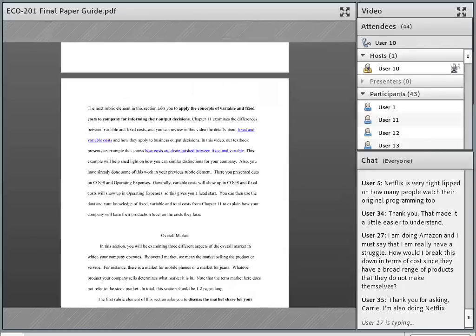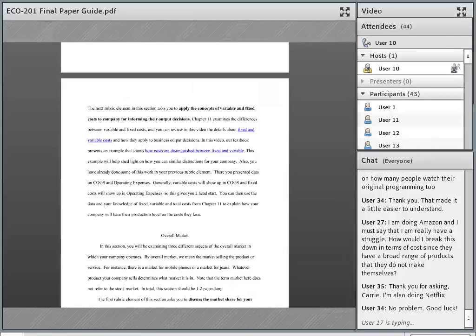Some companies are going to be more on the fixed cost side, like a Netflix, and some companies are going to be more on the variable cost side. You can think of a landscaping company: a lot of their variable costs might be the labor that they need, but a fixed cost might be the trucks that they use. So you have to break it down and see which ones those are for your company.